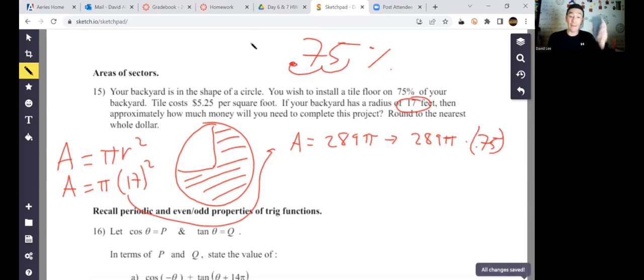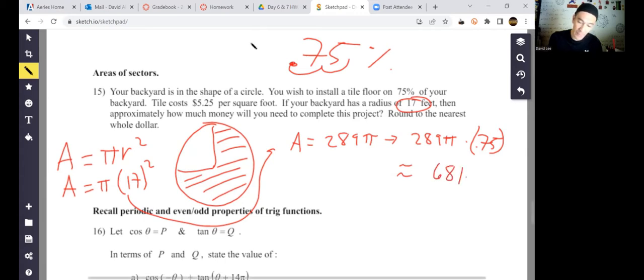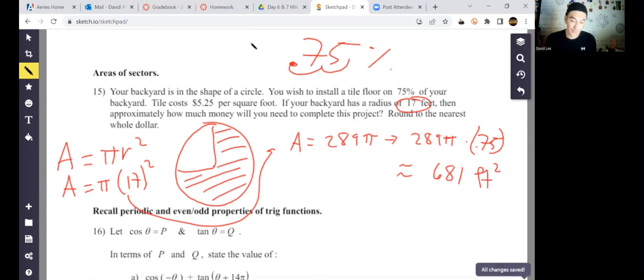And let me go calculator, because we need a decimal. So 289 pi times 0.75, the calculator says about 681 square feet. That's an area. And that's not the whole circle, that's 3/4, which is the goal. So it's 681 square feet. That's how big it is.